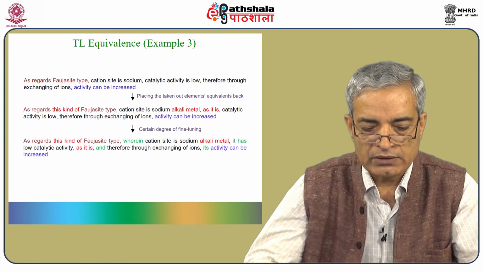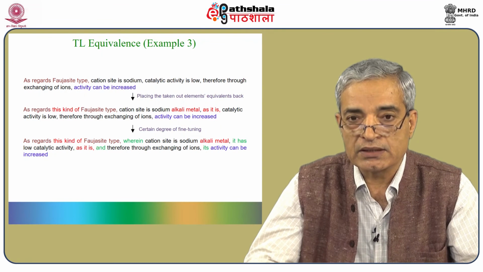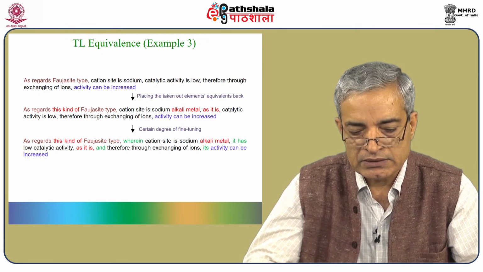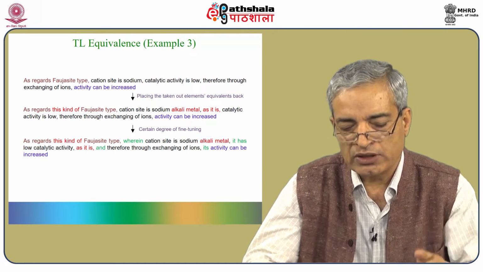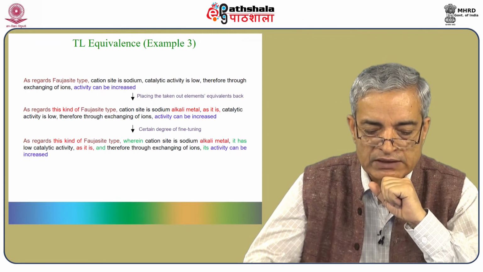And if we see here, now the continuity is as regards this kind of faucet type, wherein cation site is sodium alkali metal, it has low catalytic activity as it is. Maybe the comma is extra here, and therefore through exchanging of ions, its activity can be increased.